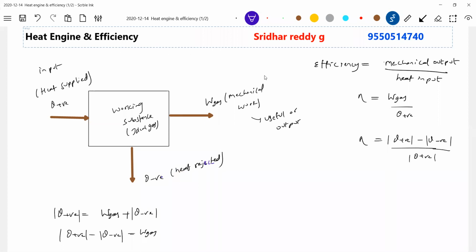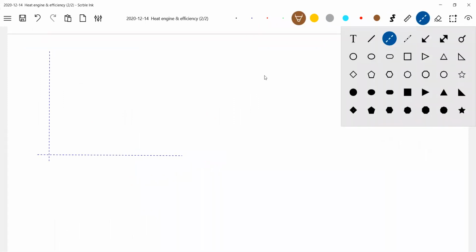Now let's go for different types of graphs.